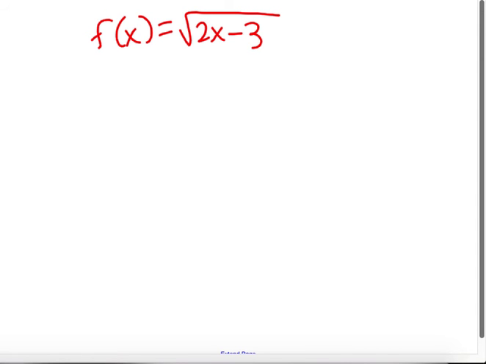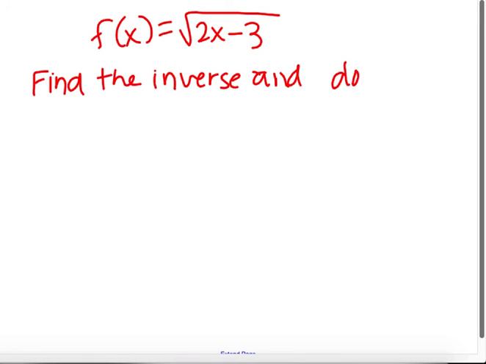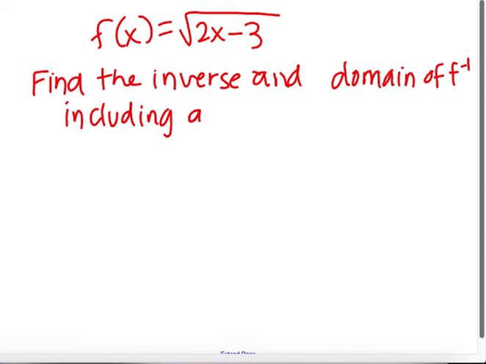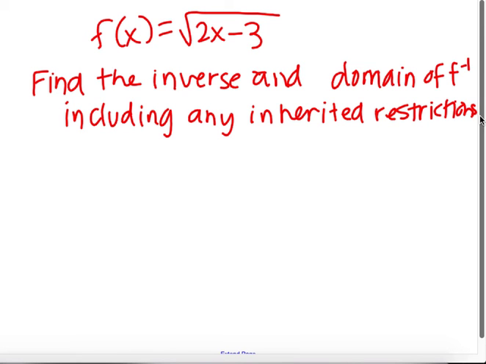And we want to find the inverse and the domain of the inverse, including any restrictions, including any inherited restrictions. So it's going to inherit the restrictions from its original graph.